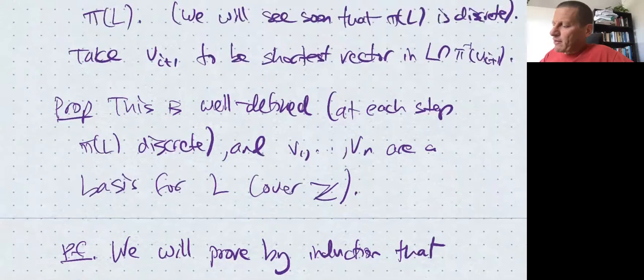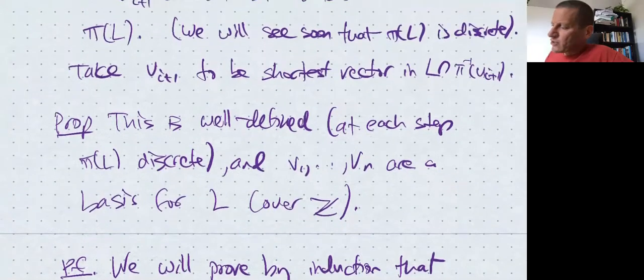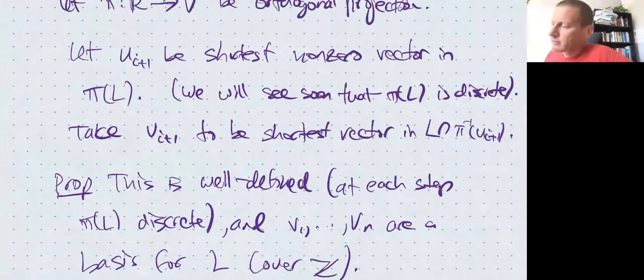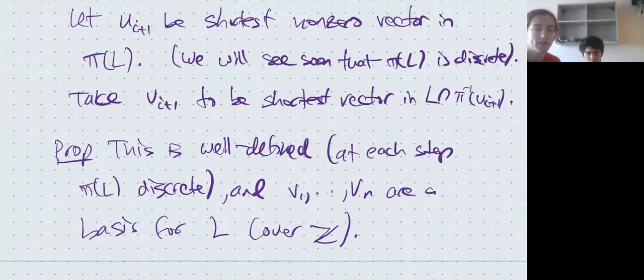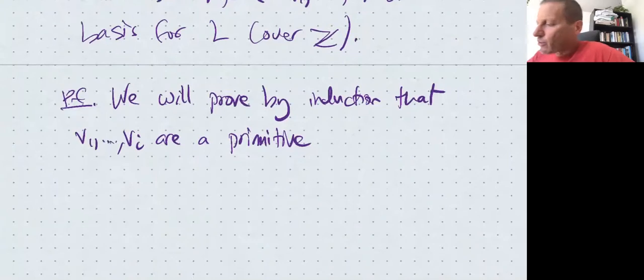It's not going to be in the span of the Vi's because it's projecting to u_{i+1}, and u_{i+1} is not 0. And the only things that are in the span of V1 up to Vi project to 0 under this orthogonal projection. Oh, I see. Okay. That's going to show up in the proof. So we're going to prove by induction that V1 up to Vi.